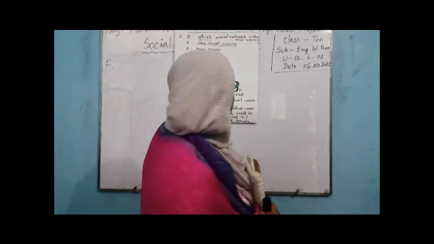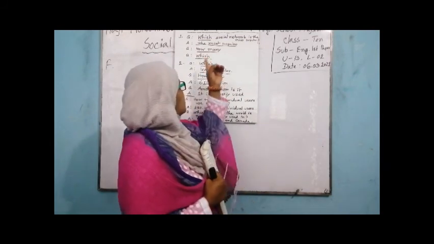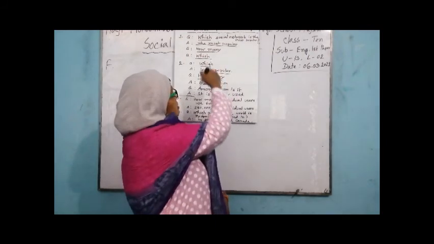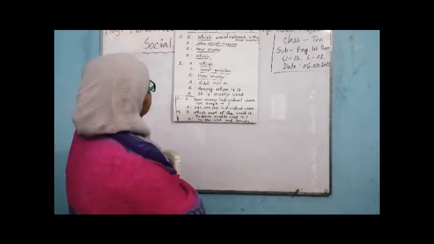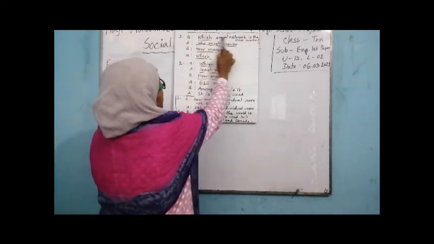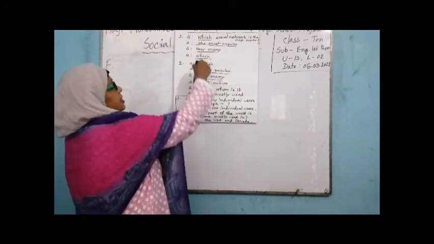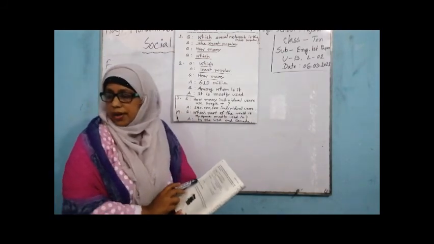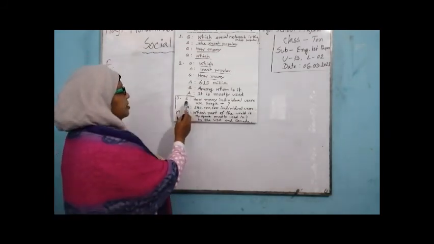Now, look at the board. Here are some answers. You may check your answers with the writing of the page. First one: Which is the most popular? Actually, you have to write the full sentences like this. Here, you are asked to make other dialogues. Number 3, like this.